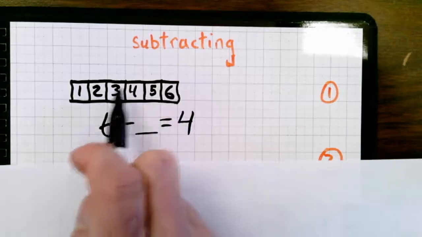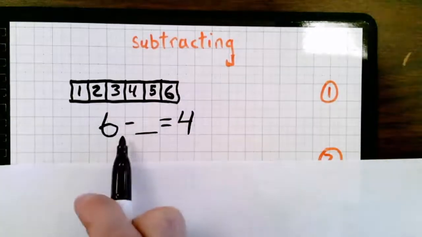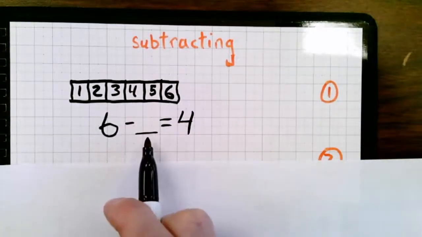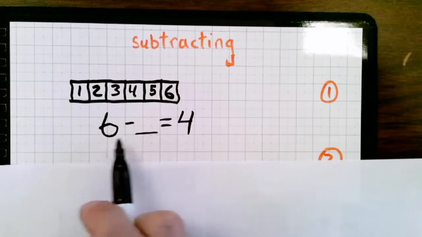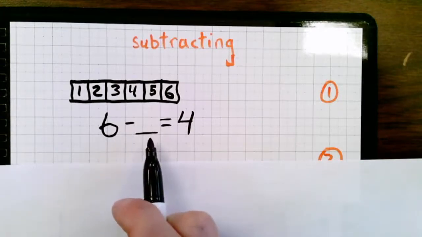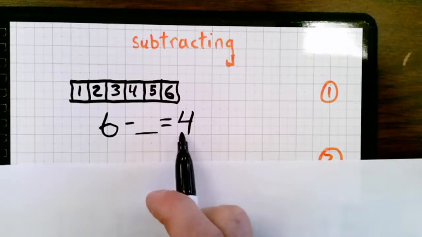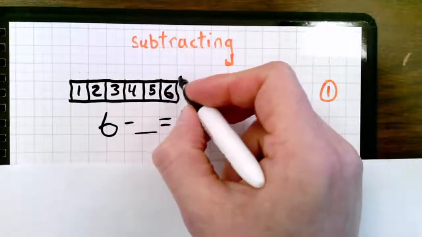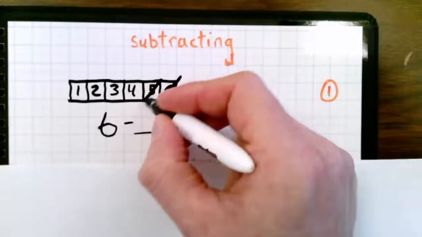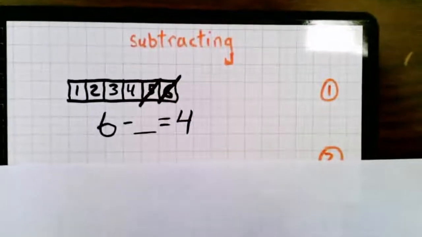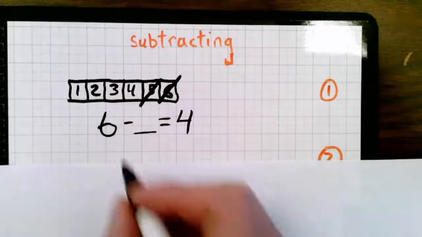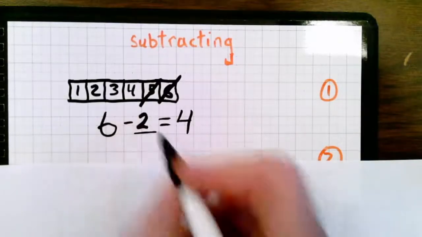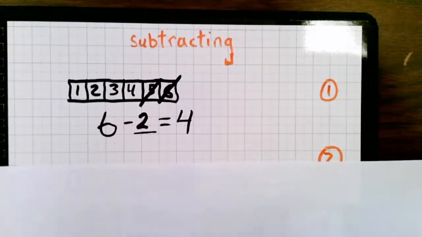And we're going to have to cross some off. We don't know how many we have to cross off. So 6 minus something equals 4. We want to make sure that we leave 4. So let's cross them off until we have 4 left. It looks like we only had to cross off 2. Okay, not bad.